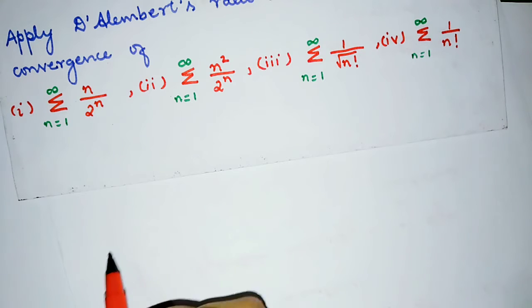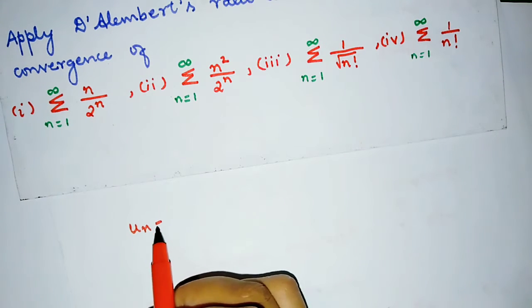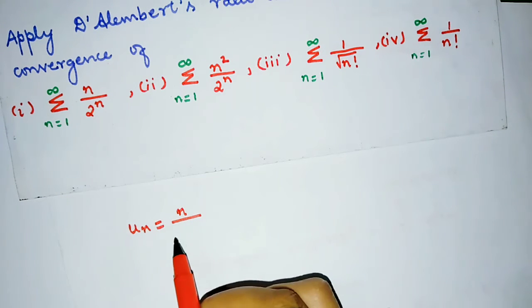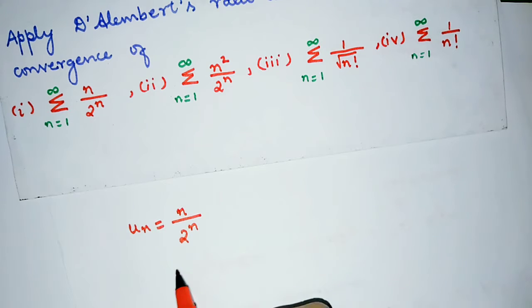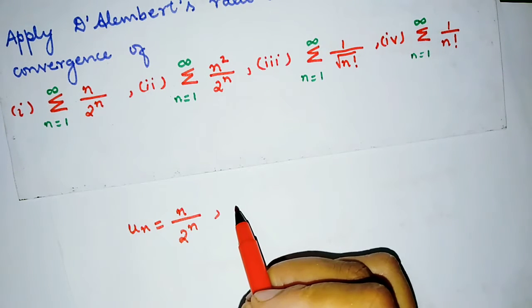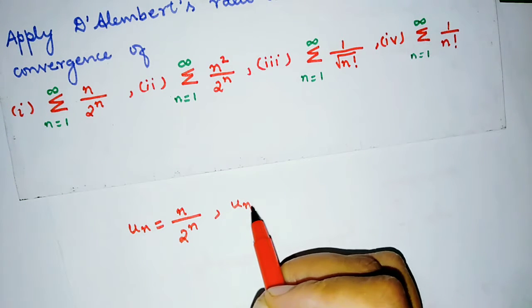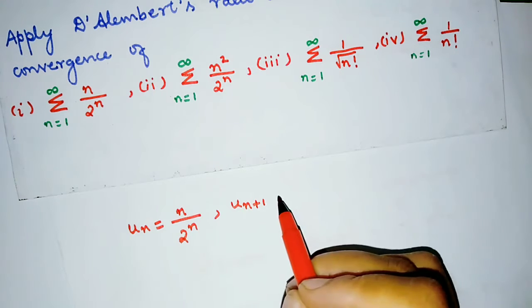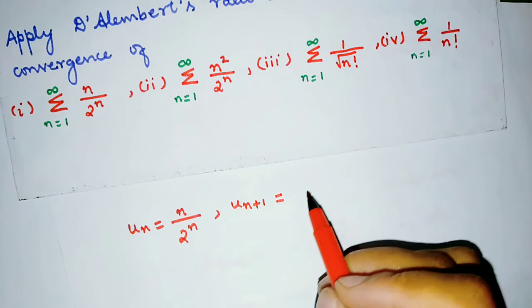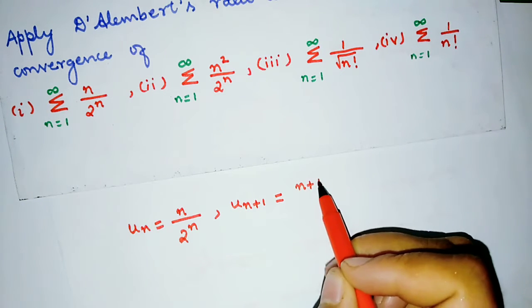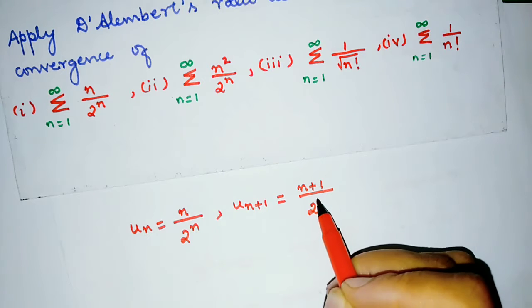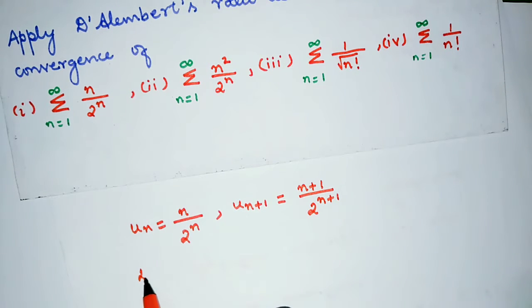The first one, our UN is n by 2 to the power n. We have to find UN plus 1 because we are applying the ratio test. So UN plus 1 would be n plus 1 by 2 to the power n plus 1. Now take limit n tends to infinity, UN plus 1 by UN.